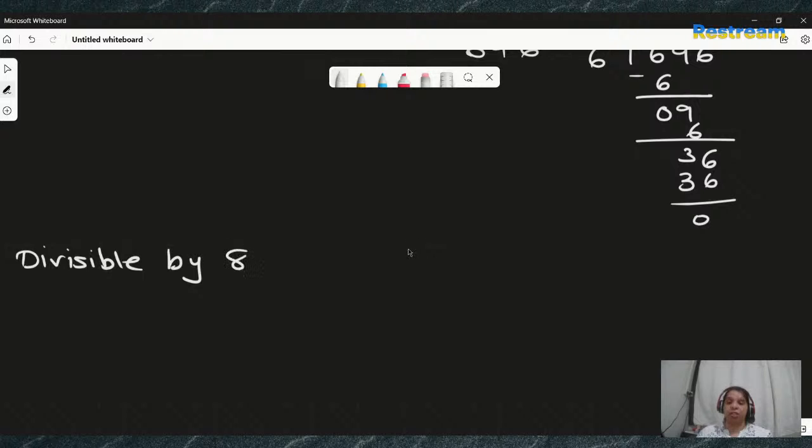Next is divisible by 8. Now you will think that okay, if the rule of 6 is divisible by 2 and 3, the rule of 8 will be divisible by 2 and 4. That's not right. The divisibility rule of 8 says that the last 3 digits of a number should be divisible by 8.